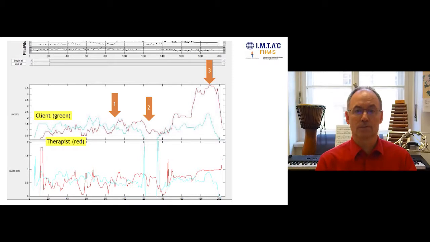The peak of this role relationship can be seen in second 190, arrow number 3, when the client follows the strong increase of density of the therapist. However, afterwards the client is leader again with a strong decrease of density, followed by the therapist.